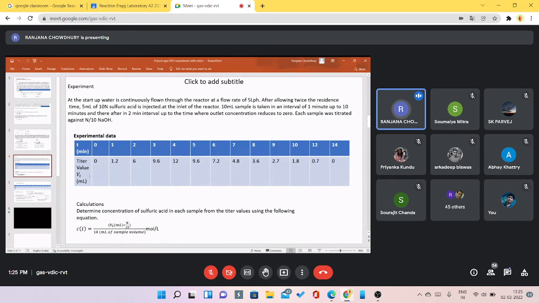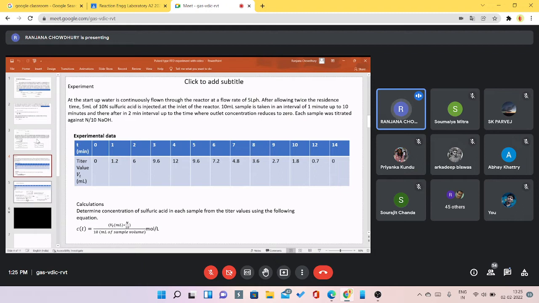So these are the results, and using these results, you can calculate. We have titrated these samples against N by 10 NaOH, and you have been given the titer values, which are in ml again.